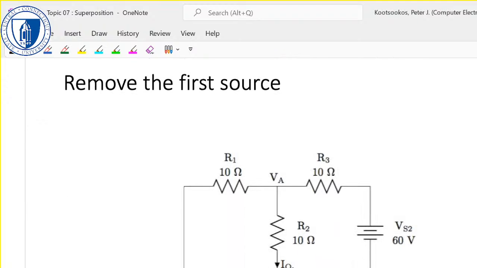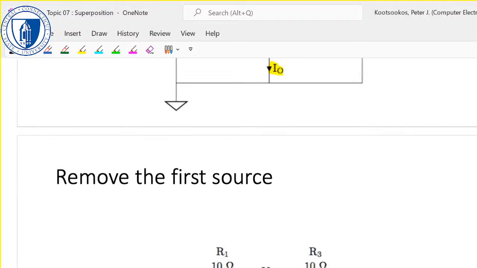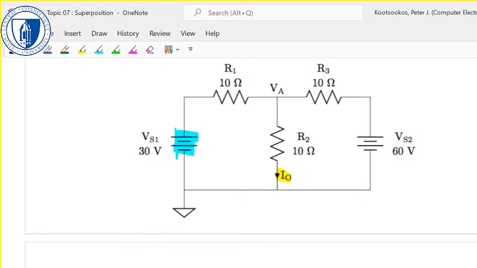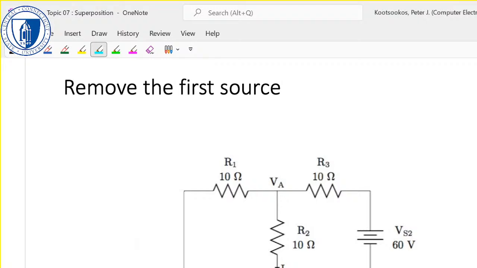So we go through each of the independent sources. There are only two sources, both of them are independent. And we replace the first source with its ideal. So we're starting off with this one. Its ideal is just a wire, right?